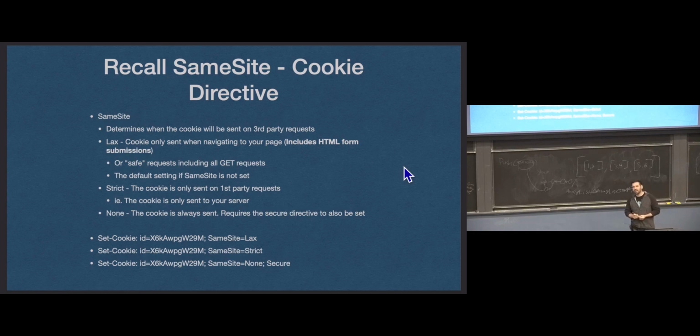This means, in respect to cross-origin or cross-site requests, when are the cookies sent? Lax means whenever you're navigating to that page in any safe request, which is mostly when you're navigating to the page, it's going to send the cookies. But if it's an AJAX request, then it's not going to send the cookies. This is the username conversation in the demos.